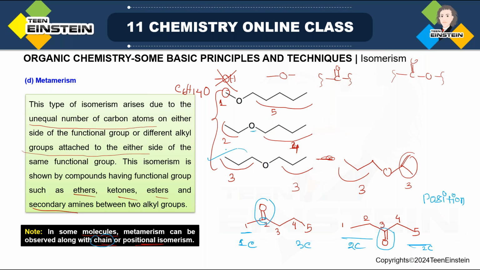See, if I say that this molecule and this molecule are chain isomers, then also I am not wrong. Because if you look at the chain, there is a difference in the chain, since this methyl you can treat as a substituent. So these two molecules can be considered metamers as well as chain isomers. This is the problem. Okay. So sometimes these are observed simultaneously, that is, metamerism along with position or metamerism along with chain.